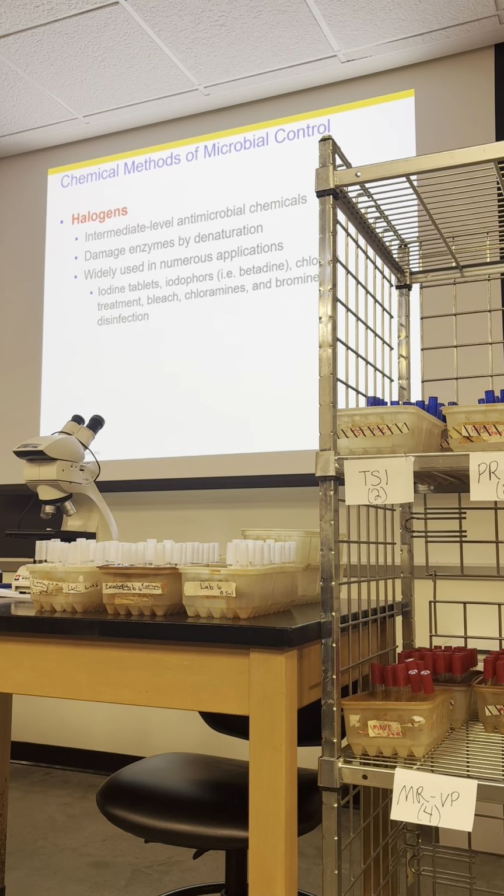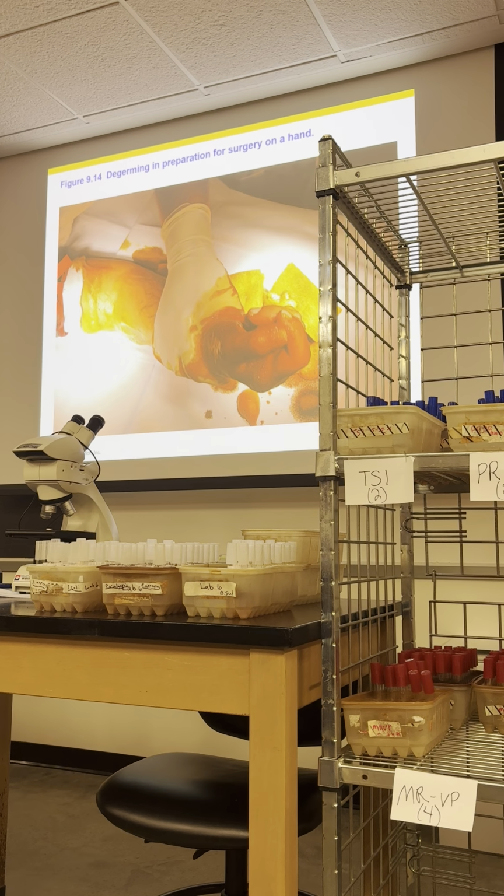So when I say that I just want you to know what falls under what category: halogens, iodine, chlorine, fluoride, bromine, it's that 7th column, right? And they destroy structures within the bacterial cell by pulling electrons off.